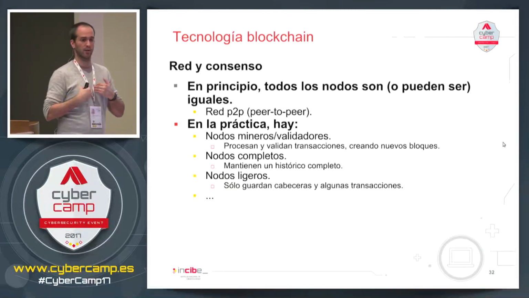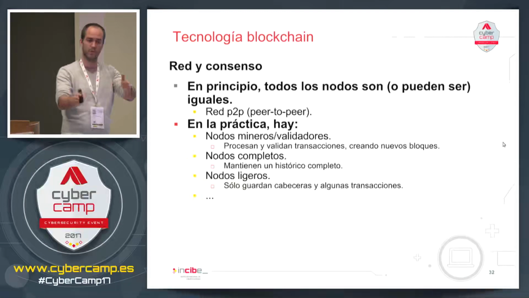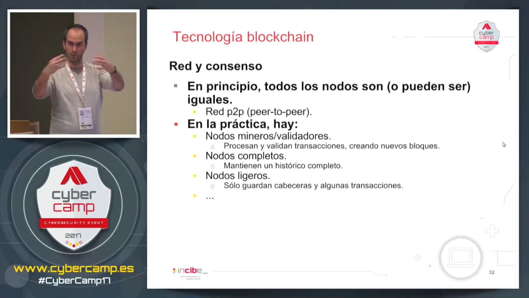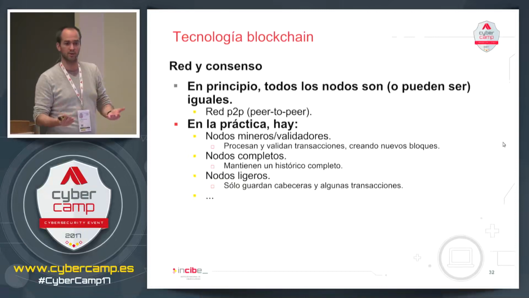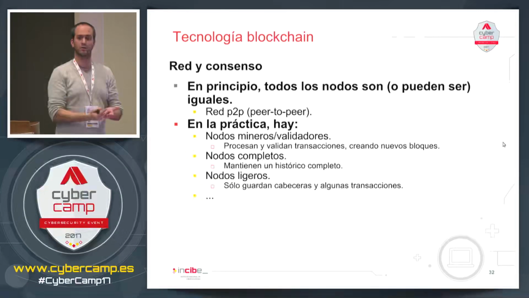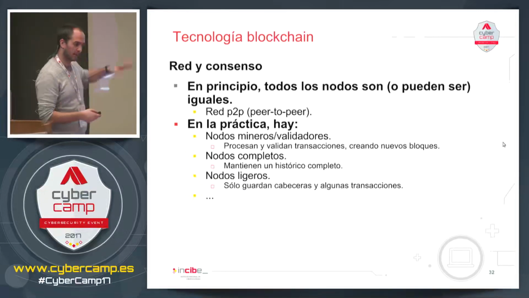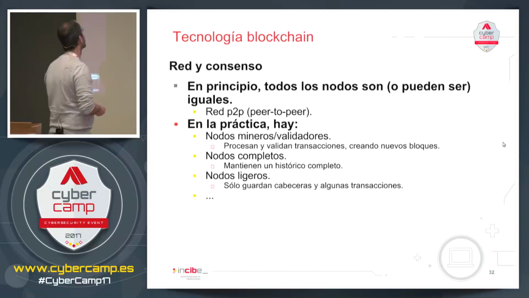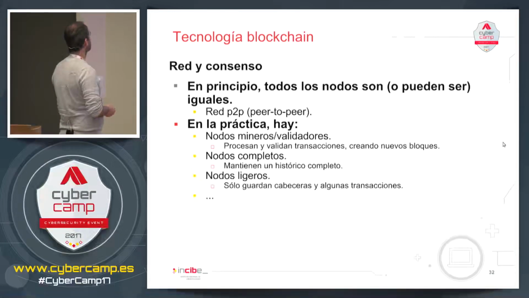For example, the example that I gave you of I had 100 euros and I want to spend 500, and I send to each of you batches of 100 euros. If you don't communicate with each other, there will be valid transactions. But globally, they're invalid. So that's where the consensus process comes into play.